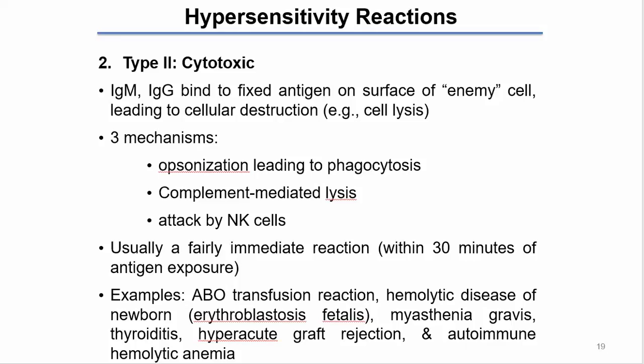Myasthenia gravis, thyroiditis. In your outcomes, you want to be looking at thyroiditis, graft rejection, hemolytic anemia, autoimmune hemolytic anemia, all found here.